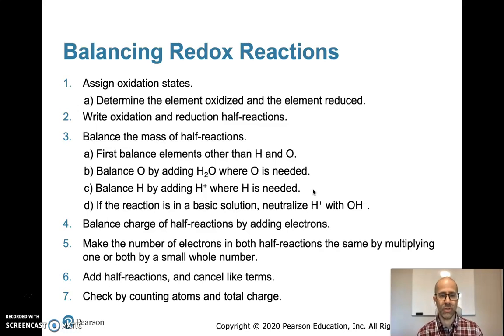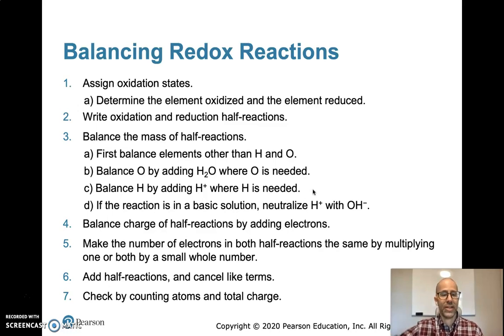Once you've got that done for both half reactions, you're done with the balancing of the mass. All you've done is make sure that you have the same number of atoms of each type of element on both sides of your equation for each half reaction.